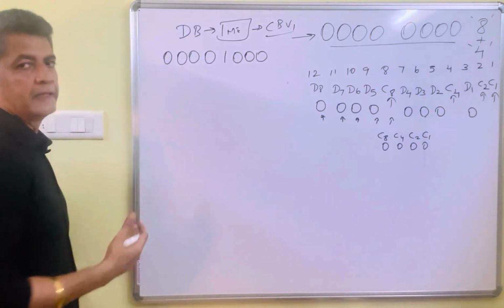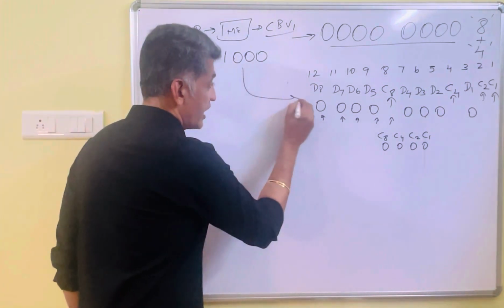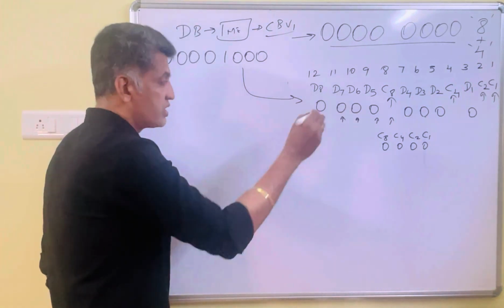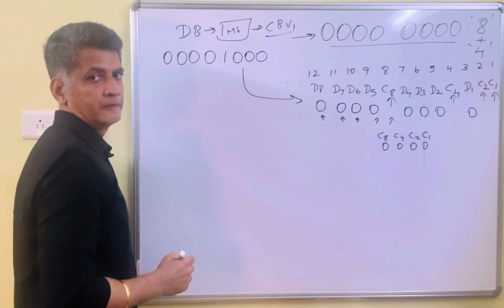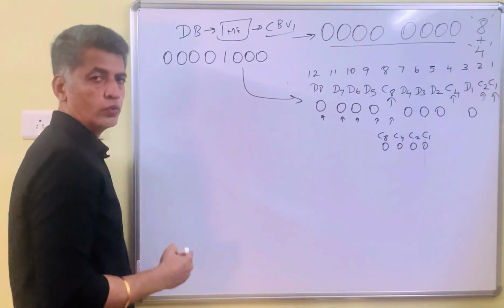If I am reading like this, how will the result be? For this I need to do the same procedure. I need to calculate C1, C2, C4, C8. That is the check bit version 2.